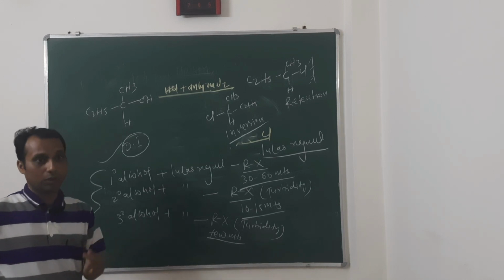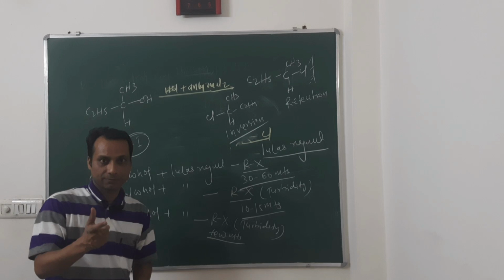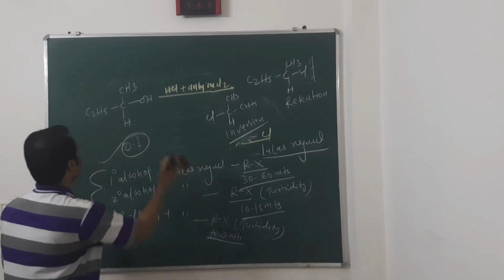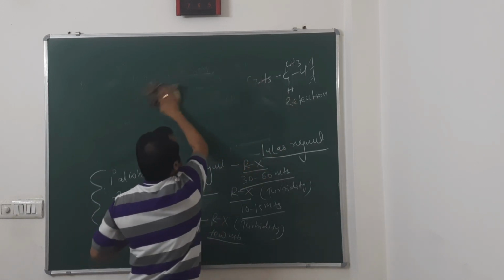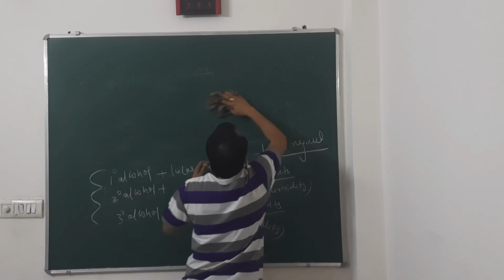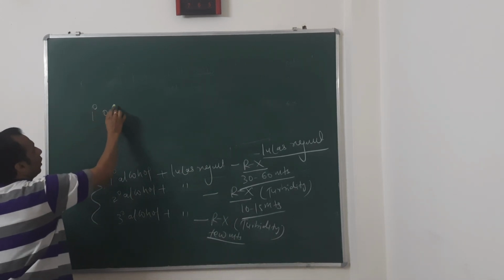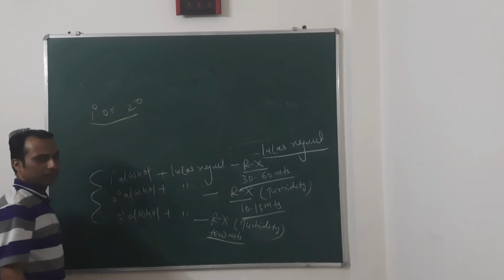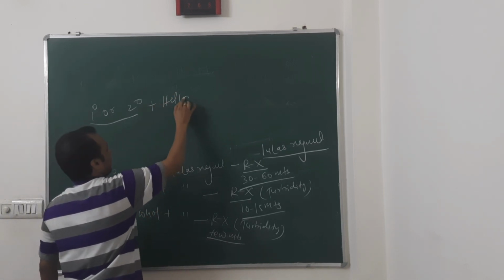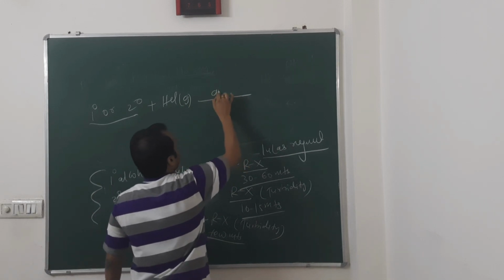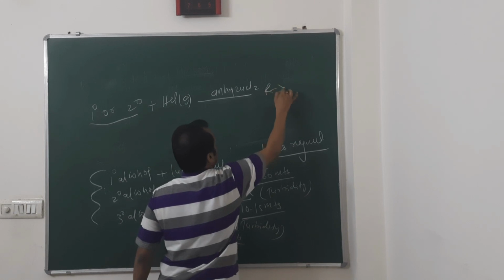If you have a 1 degree or 2 degree alcohol, usually 1 degree, and it reacts with HCl as a gas, and you have taken anhydrous zinc chloride, that will form the alkyl halide.